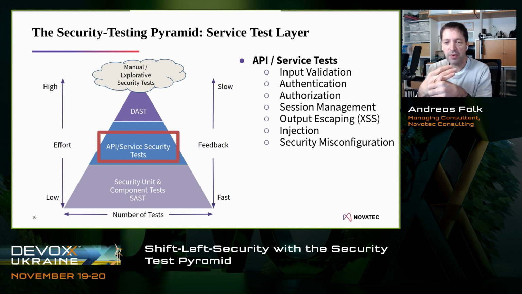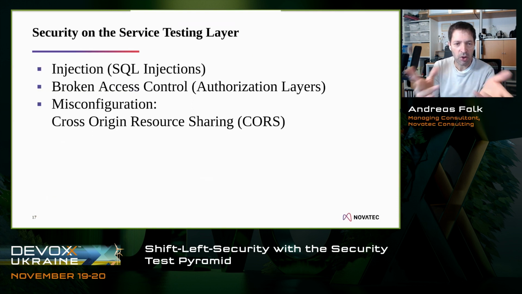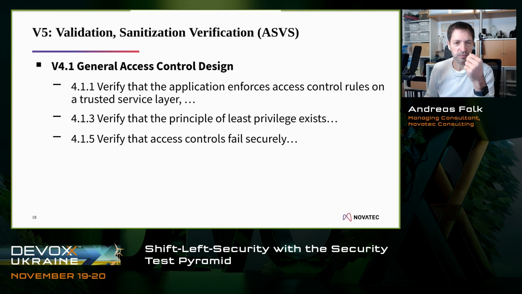You can also test for SQL injections. I have a sample that I will show in a moment. You can also test for output escaping, also for security misconfigurations, like for example, cross-origin resource sharing problems. Or even, as mentioned, you can test your authorization layers for broken access control and SQL injections.